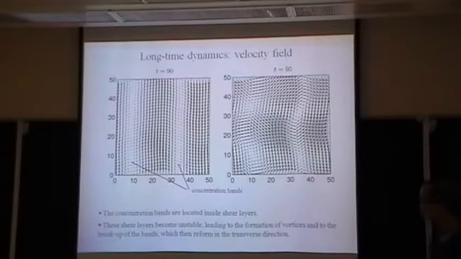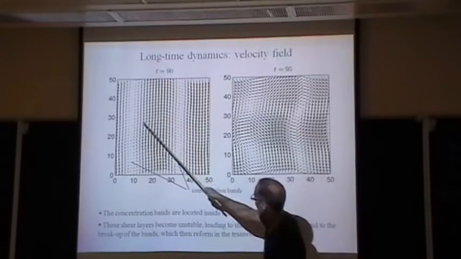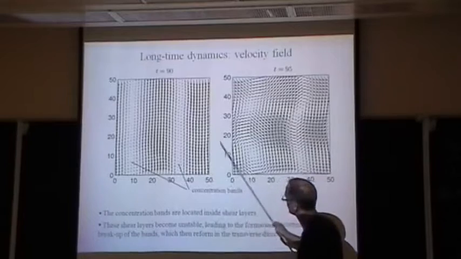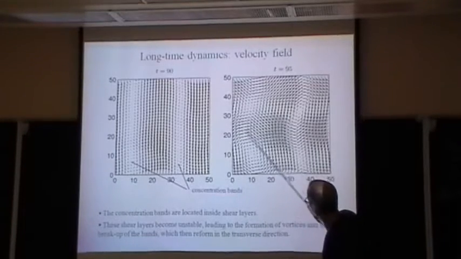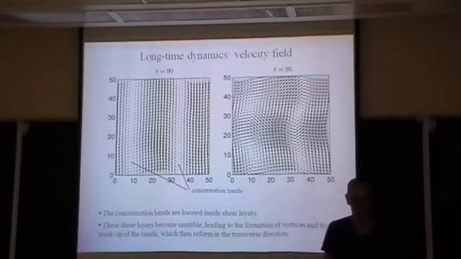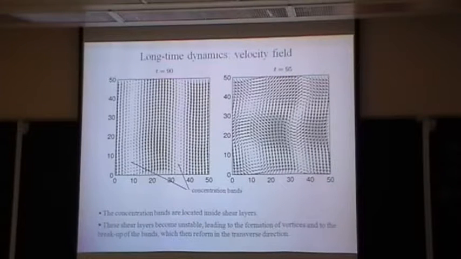These shear layers will break up transversely, and you have vortices, and they'll reform in the other direction. So this whole dynamics is a quasi-periodic formation of concentration bands associated with shear layers, which then break up transversely and go in the other direction, changing position and phase within the box, cycling through this over and over.